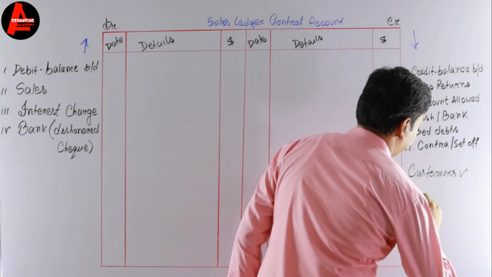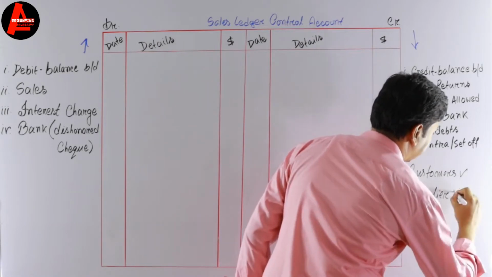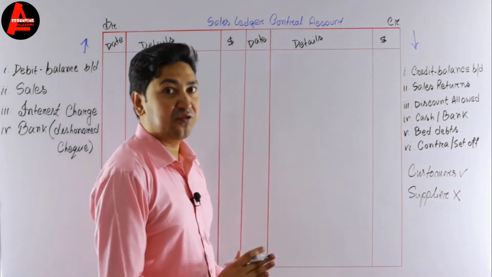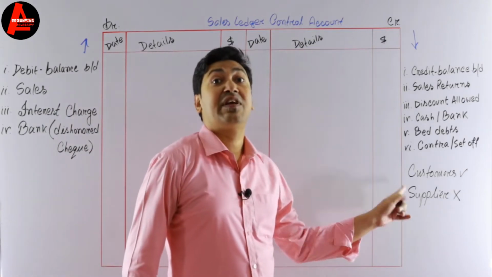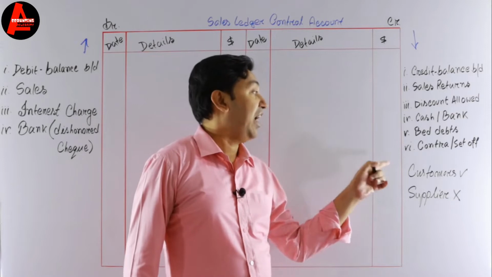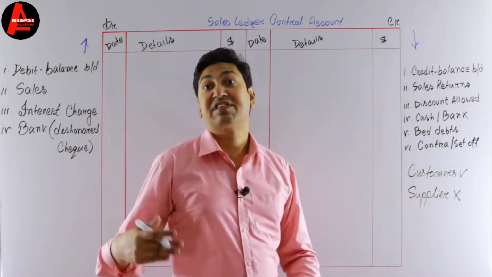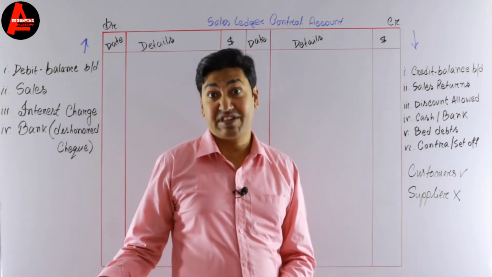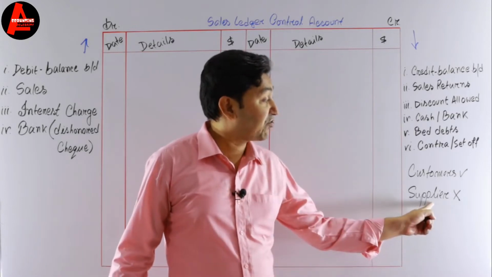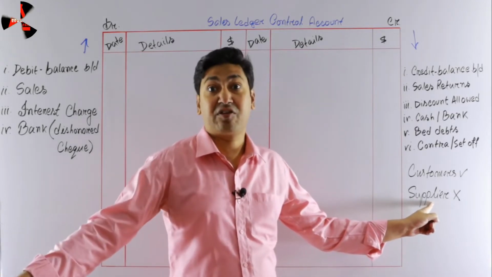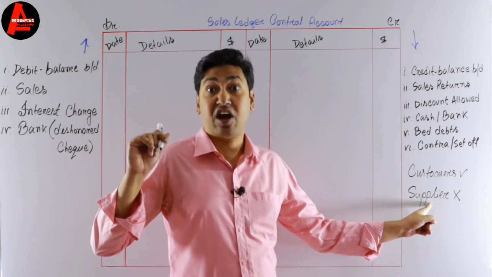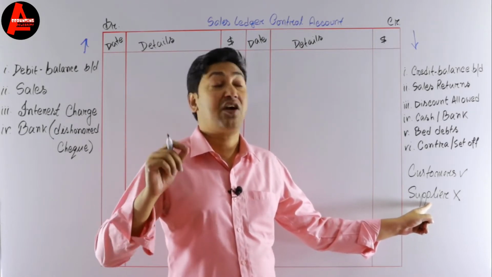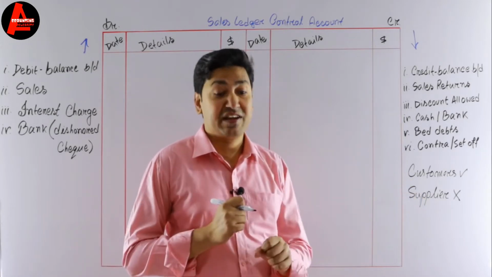Don't forget. So many students write supplier related items in the sales ledger control account and customer related items in the purchase ledger control account, which is a mistake. Supplier related transactions will go to the purchase ledger control account. But here in the question we are asked to prepare the sales ledger control account, so we have to take all customer related items.